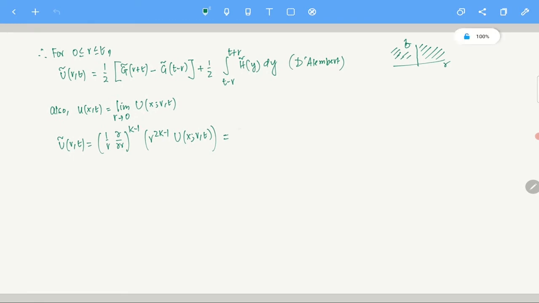This is nothing but just the calculation part. Sum j equals 0 to k-1 of b_kj r^(j+1) ∂^j/∂r^j of capital U(x, r, t). Clear?